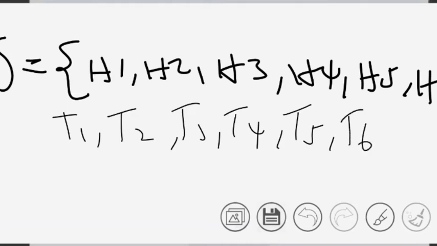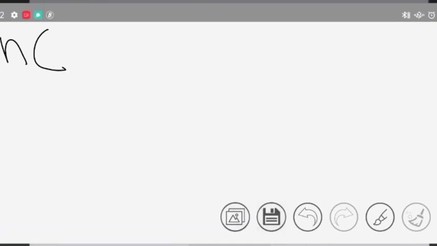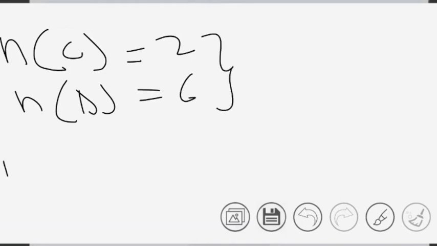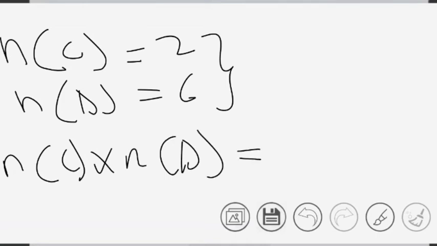That is if I have to use my list form, and I think it's simplified. Meanwhile, how do I know the cardinality of my sample space? I multiply the number of sides of my coin and the number of sides of the die. The number of sides of the coin is 2, and of the die is 6. Eventually, it's n(C) times n(D), which gives me 12. That will be the number of sample points.